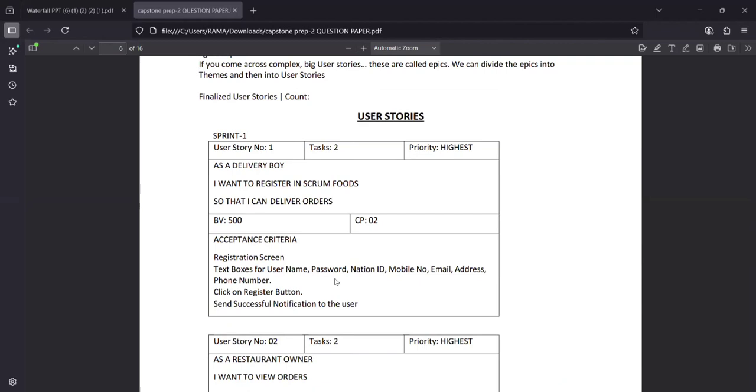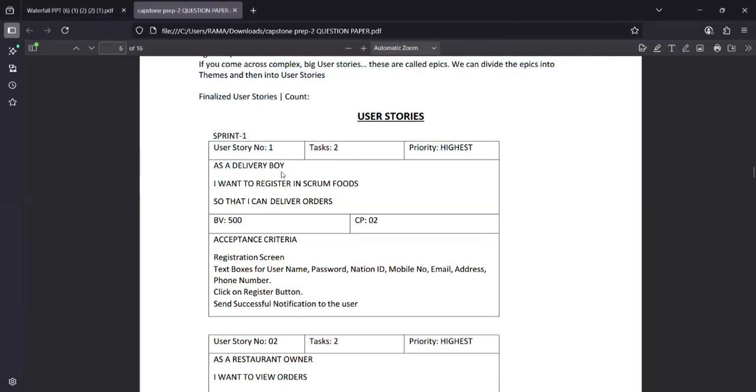Let us first know what a user story is. A user story is a short and simple description of a feature or functionality from the end user's perspective. The format is: As a, I want to, so that.